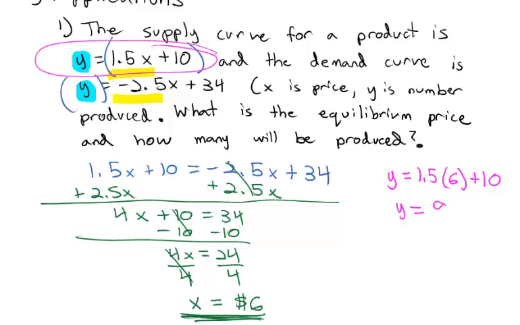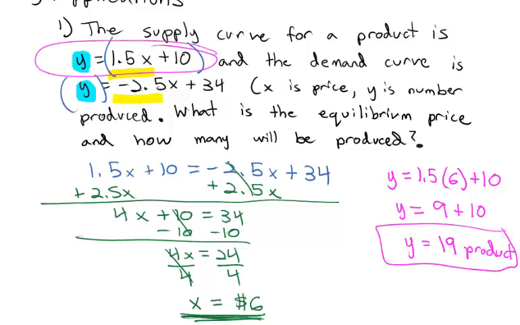Well, 1.5 times 6 is 9 plus 10, and so we need to produce 19 products at the price of $6 per item.